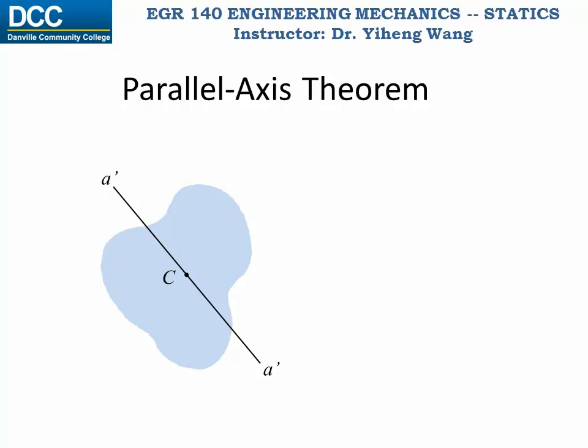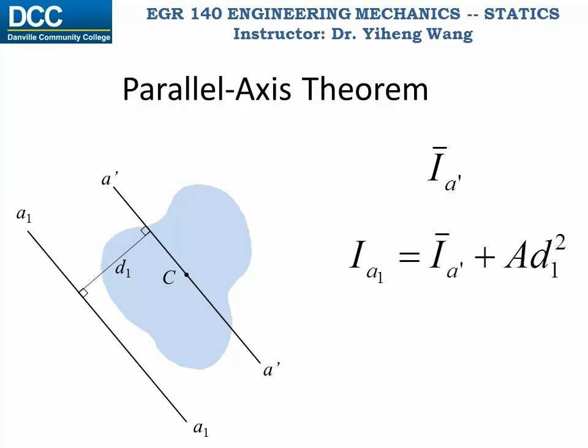And if you know the area moment of inertia about this axis, I_A prime bar, then for another axis that is parallel to A prime, say axis A1 that has a perpendicular distance d1 from axis A prime, the moment of inertia of this area about this new axis A1 can be calculated by the parallel axis theorem to be I_A prime bar plus A, which is the area, times d1 squared.